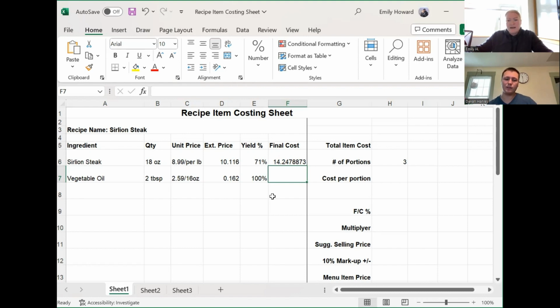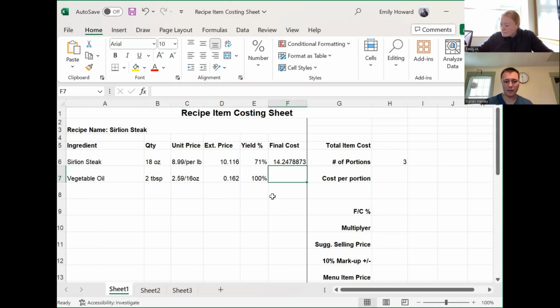Does that make sense? Yeah. I'm going to have to do that too, because we have apples in our puff pastry recipe. Oh, good. That was a good guess. Good example, yes. So that's really where yield comes in. But you're buying 16 ounces of vegetable oil, you're not really losing anything, because vegetable oil will stay for a pretty long time and you can use it somewhere else. You know what I mean? Yeah.